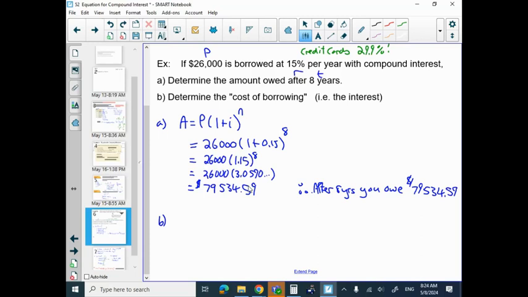Cost of borrowing, obviously your amount equals your principal plus your interest again. And so our interest would just be the amount minus the principal. I'm just going to keep showing it like that so we don't have to remember a new equation. So if I just flip that equation around, we'd have I equals the amount, which is the 79,534, take away the original of 26,000.